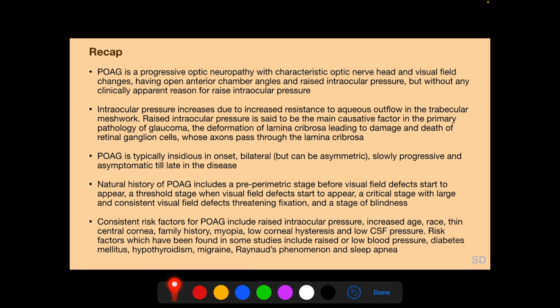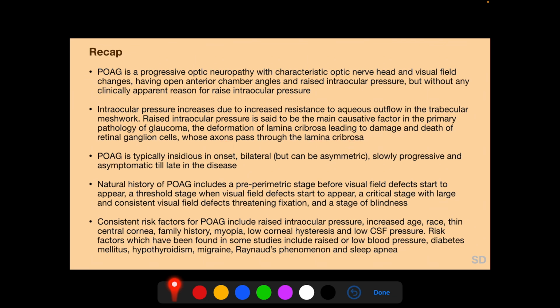Intraocular pressure increases due to increased resistance to aqueous outflow through the trabecular meshwork. Raised intraocular pressure is said to be the main causative factor in the primary pathology of glaucoma, the deformation of the lamina cribrosa, which leads to damage and death of the retinal ganglion cells whose axons pass through the lamina cribrosa.